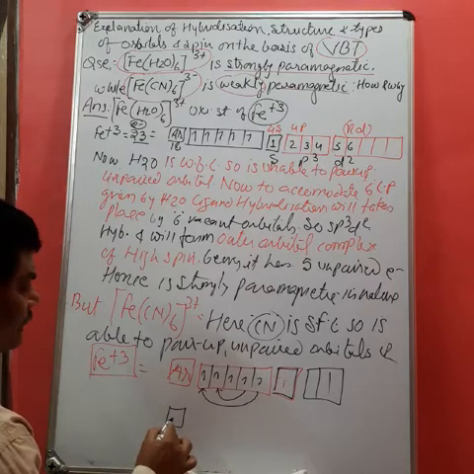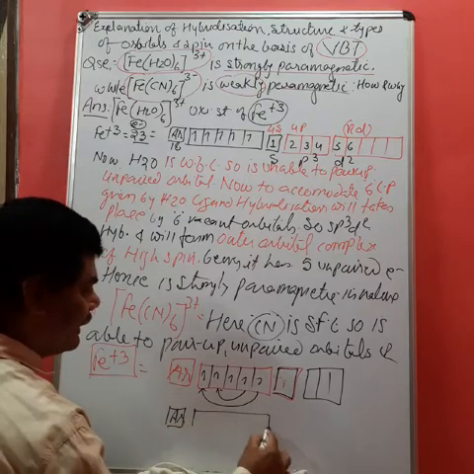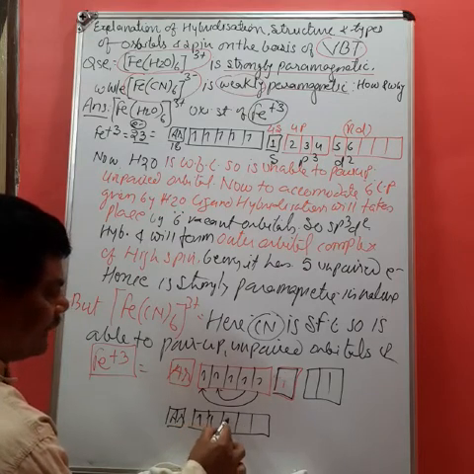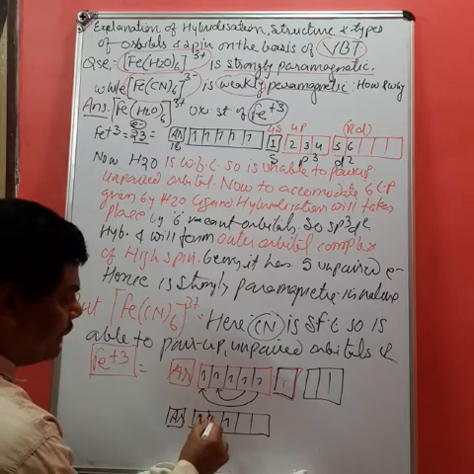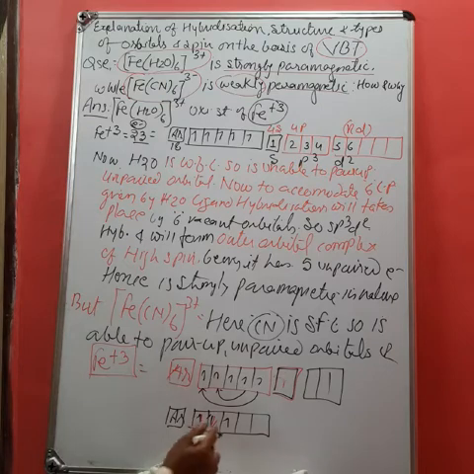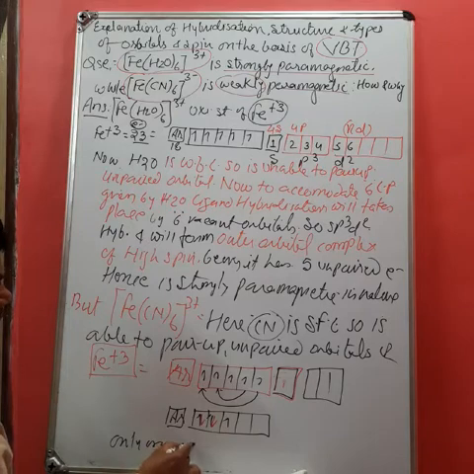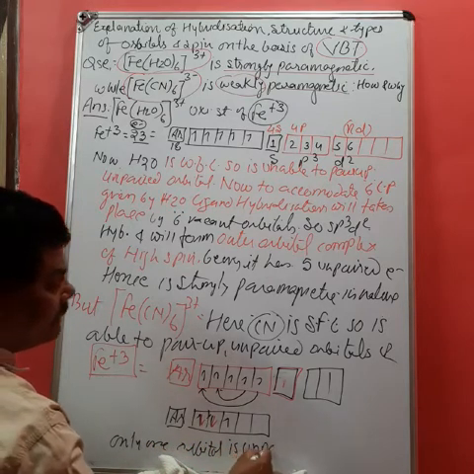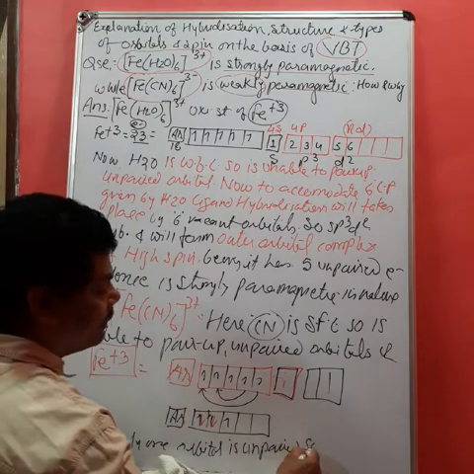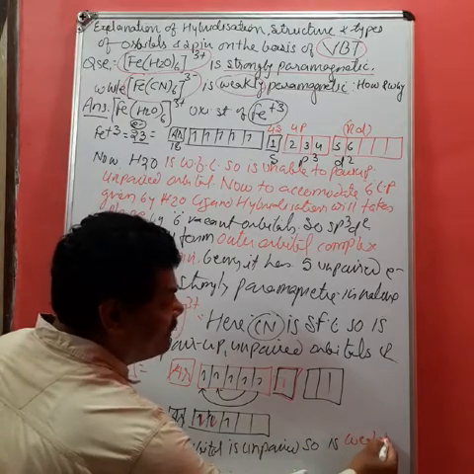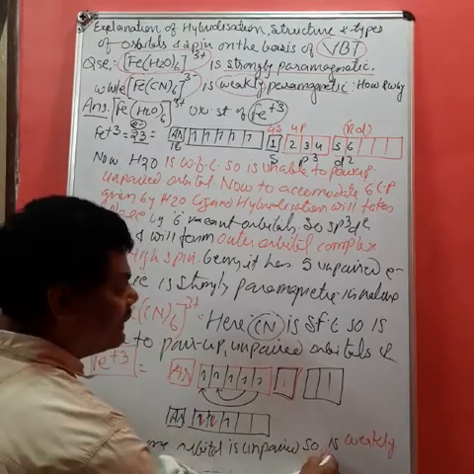Thus in the new configuration there will be argon, and now this one 1, 2, 3. But these two will get paired up while only one will remain unpaired. So being only one orbital unpaired, it is paramagnetic. But which type of paramagnetism? This is weakly paramagnetic.